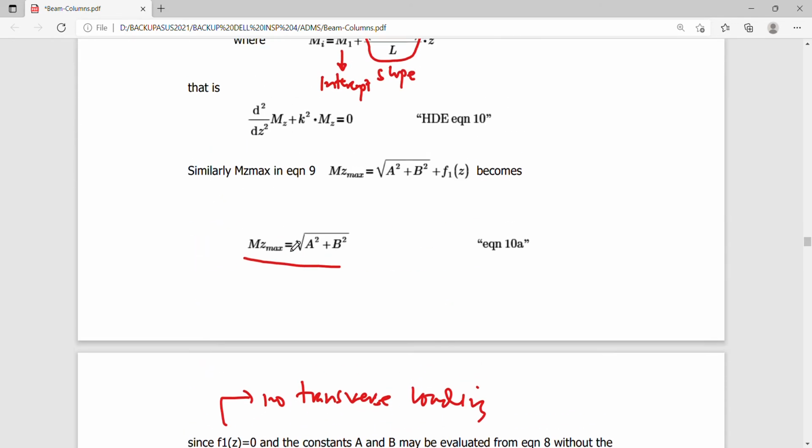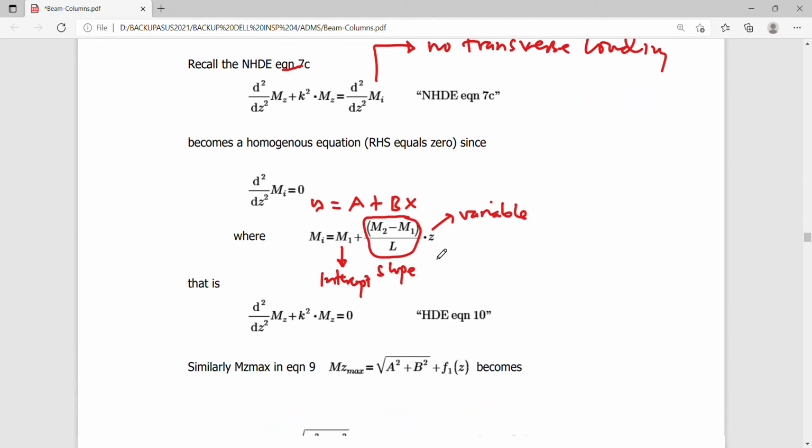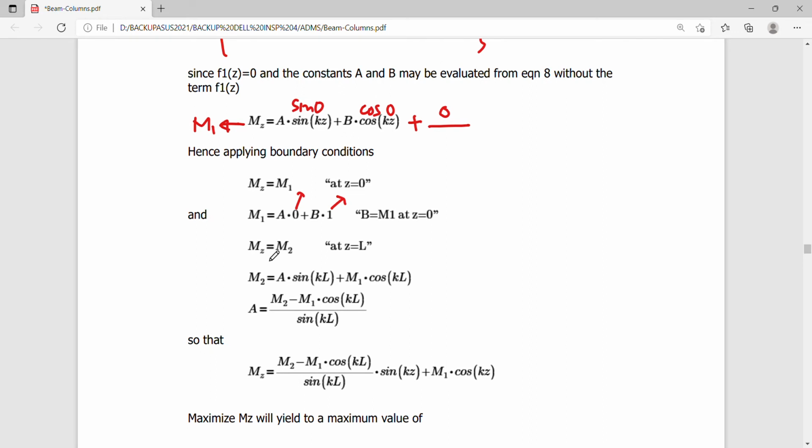So you look at the variable used in this drawing. At z equals 0, M1, z equals L, M2. So the value of M2, which is also the Mz at that particular location, is simply equal to a times the sine of kL plus b, which is M1, times the cosine of kL, such that a can be easily determined by solving for the value of a in this particular equation.